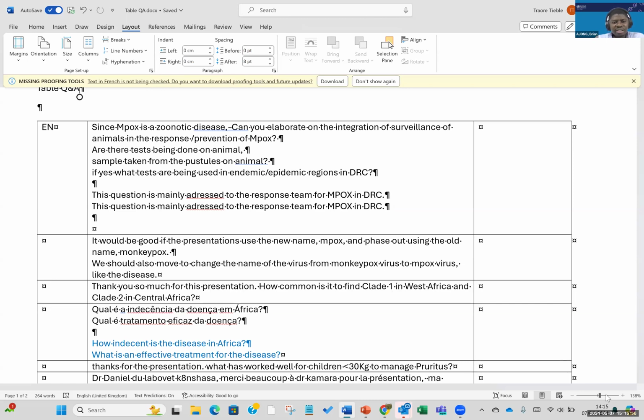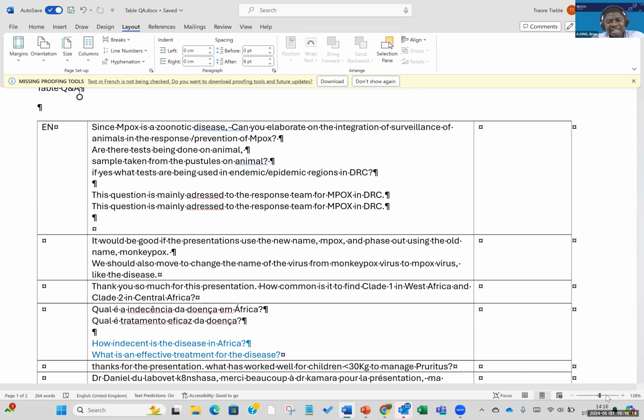They also collect specimens which are sent to the laboratory. Among the specimens from animals that have been collected thus far as part of the response, none of them have tested positive yet.